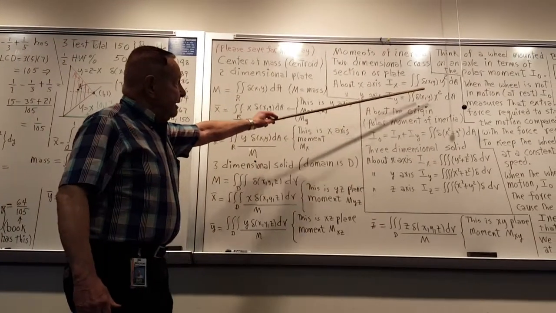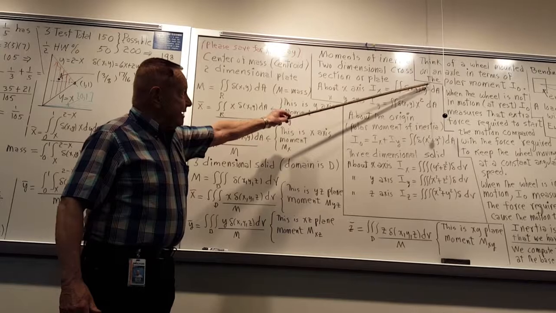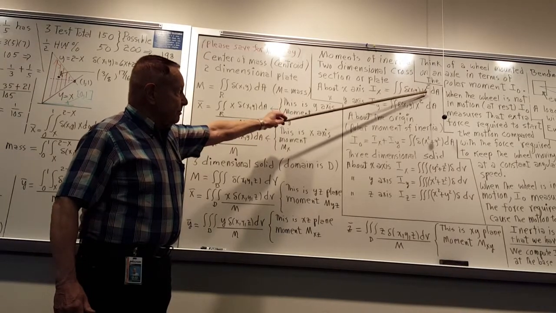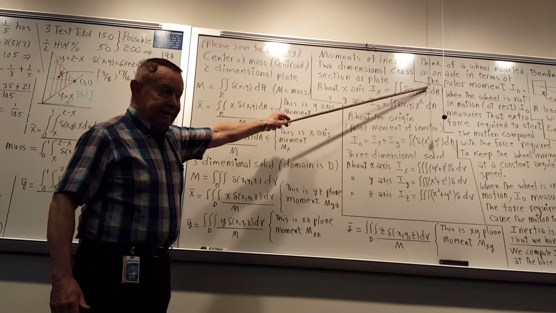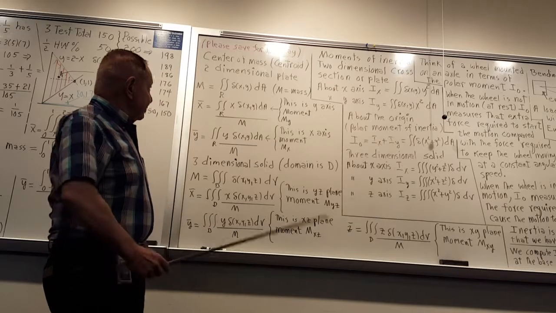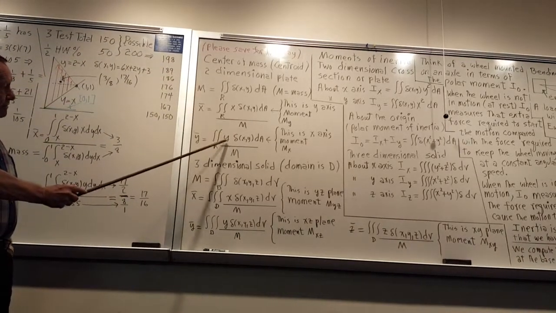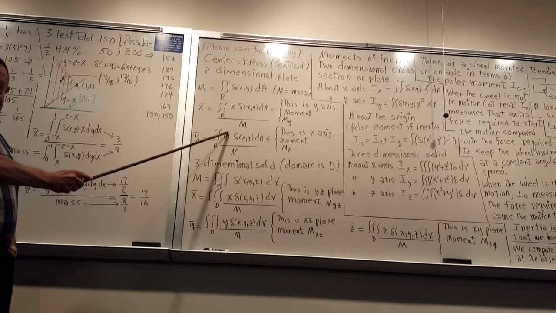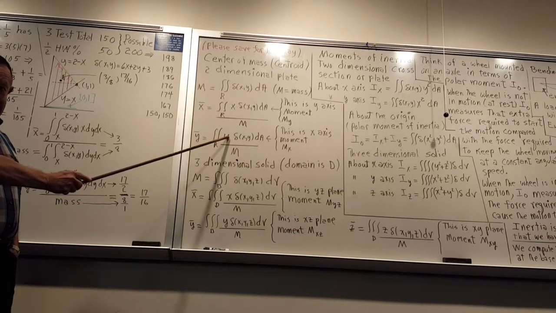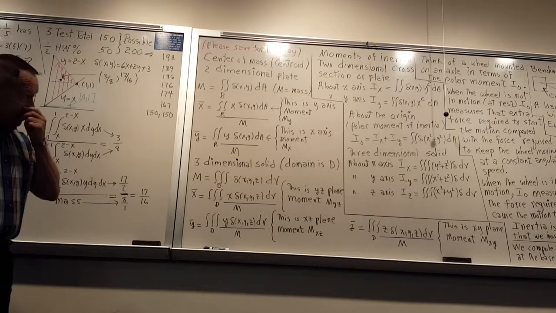Okay, so this is also called the second moment because you're multiplying by y squared, whereas if you were just doing center of mass, then this multiplier is first power, and you call that the first moment.